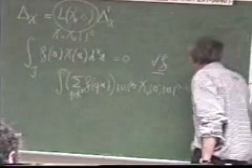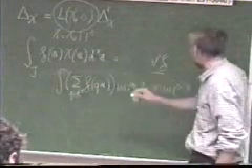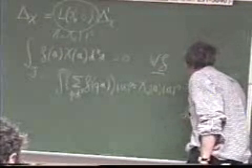And now this d star u is no longer the Haar measure on J, but it is the Haar measure on C_K.